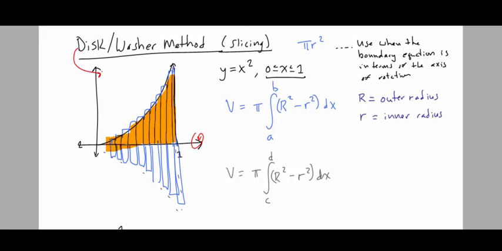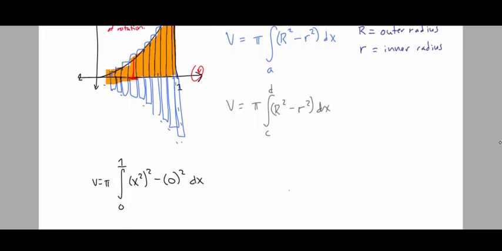So for the disk washer, the rectangles that we draw are perpendicular to the axis of rotation. Okay, and you can see pretty clearly here that all of these are perpendicular to that axis of rotation.